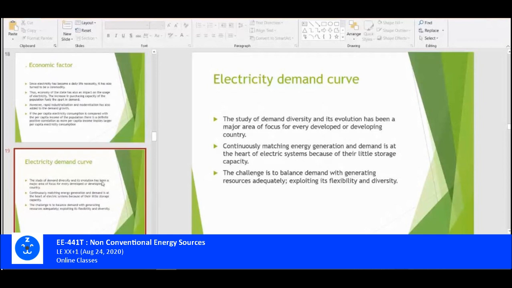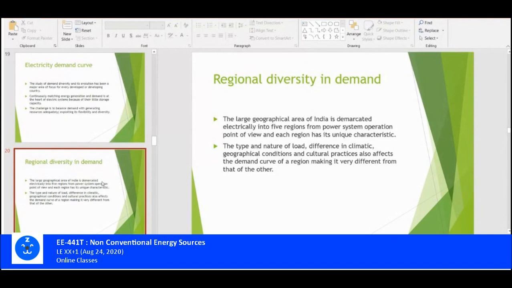The challenge is to balance demand with generating resources adequately, exploiting its flexibility and diversity. Now, this is the purpose of all the power utilities, that they will try their best to balance this demand and generation.